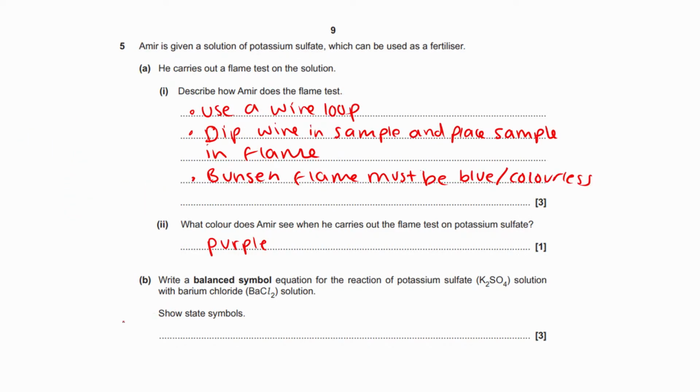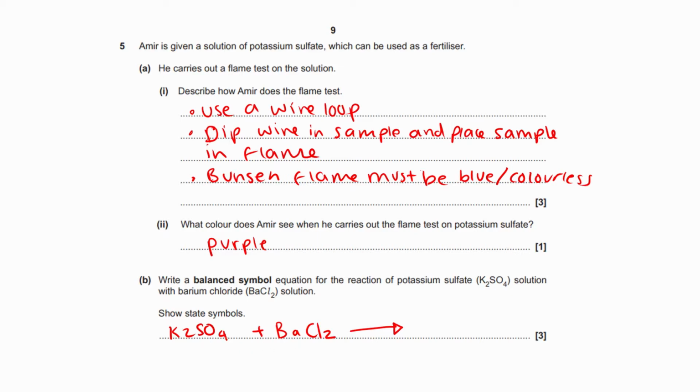Part B. Write a balanced symbol equation for the reaction of potassium sulfate solution with barium chloride solution. Show state symbols. They've given us the formula of the reactants as well. So we have potassium sulfate plus barium chloride, and the products produced, we need to find out what they are.